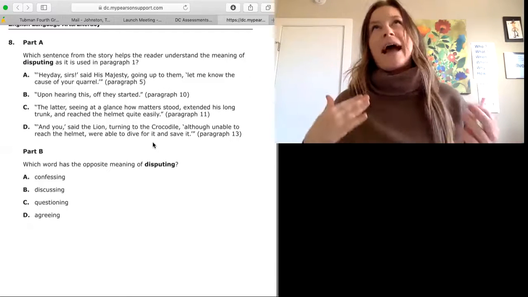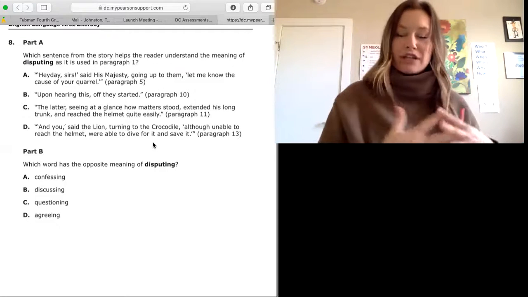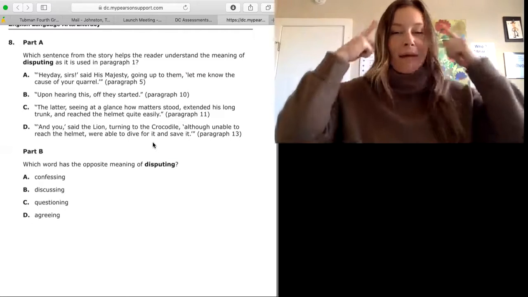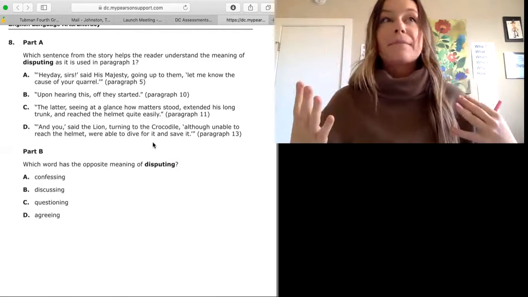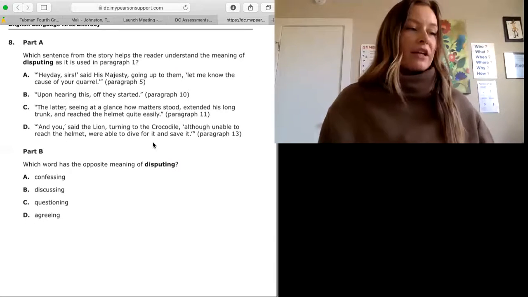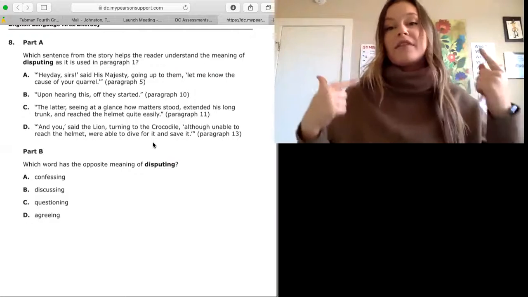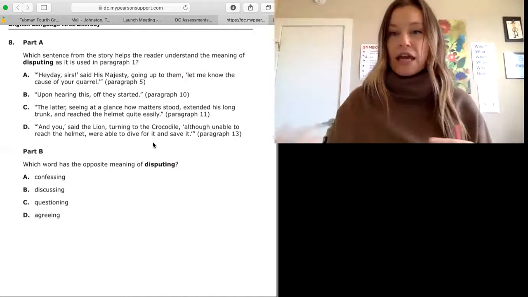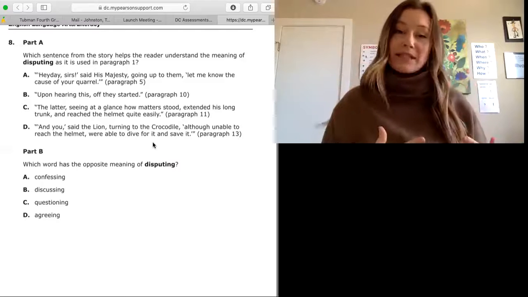And I'm thinking back to what was happening in the story as they were disputing. And in my head, these two animals were arguing. So before I'm even looking at my answer choices, as a reader, I'm thinking what's happening in the story and I'm answering it to myself. They're arguing. That's what's happening.